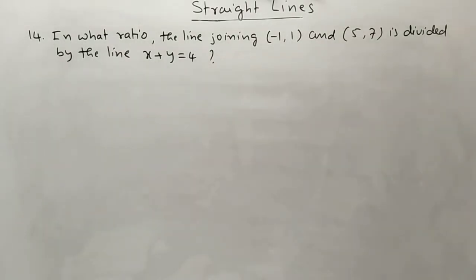Next question. In what ratio the line joining points with coordinates -1, 1 and 5, 7 is divided by the line x plus y is equal to 4? Solution.